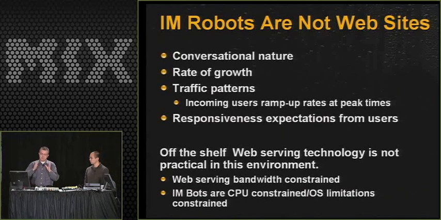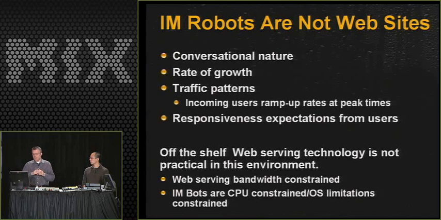Another interesting point, and we'll look at a couple of cases of bots in terms of traffic, is that you're going to see traffic patterns that are very different between bots and websites. So the type of growth you see, the type of traffic patterns at peak time and so on, are not the same as you would see on a website. Because of all these factors, using off-the-shelf web serving technology is not very practical.